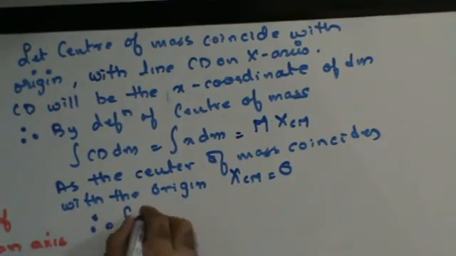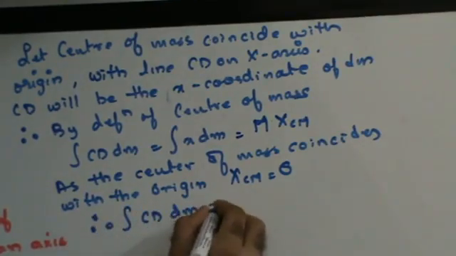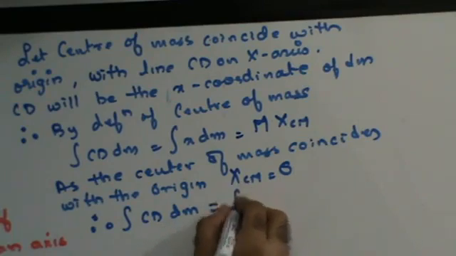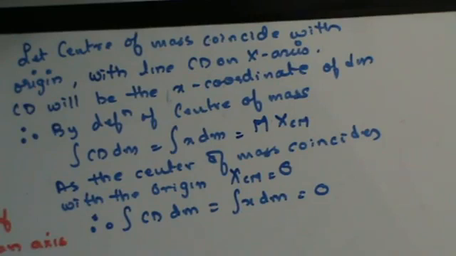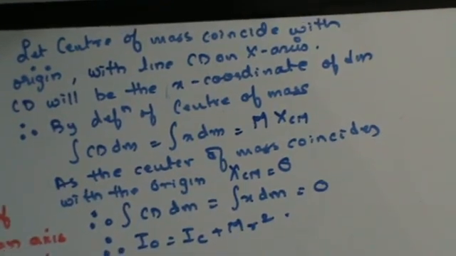Therefore the integral of CD into dm will be the integral of x into dm, which will be equal to 0. So if I substitute this in my original equation, I will get IO is equal to IC plus MR square, and that's my theorem of parallel axis.